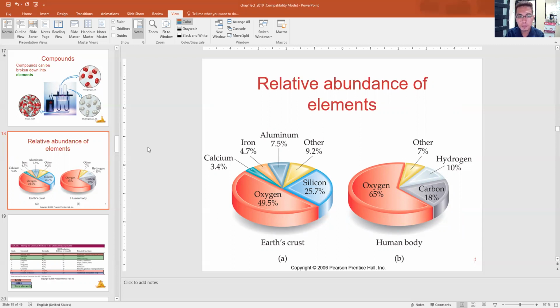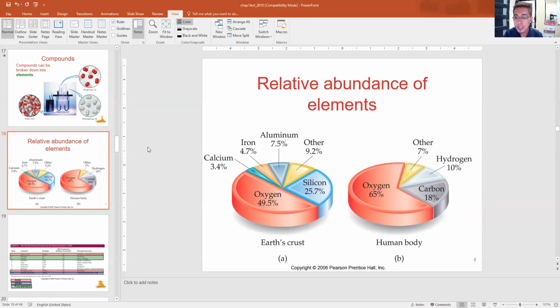The next one is silicon, 25.7%, followed by aluminum, which is 7.5, then iron is 4.7, and calcium is 3.4. The other elements are the combination of all other elements not present on the pie graph.